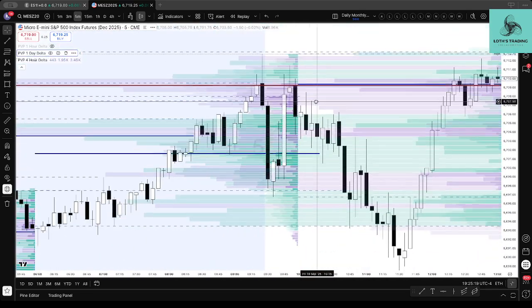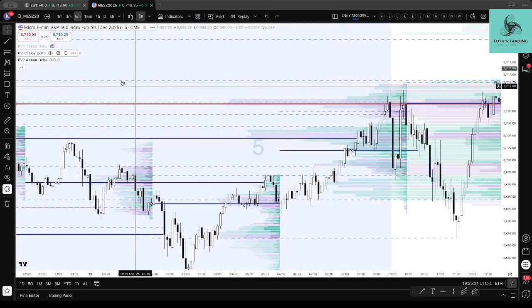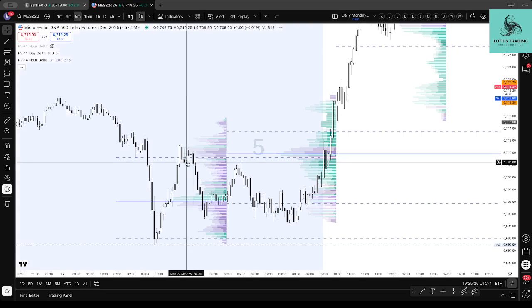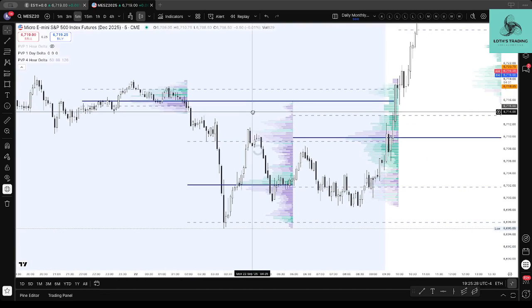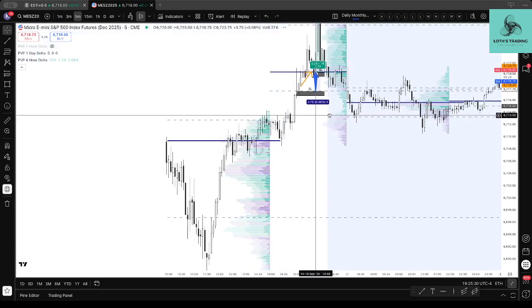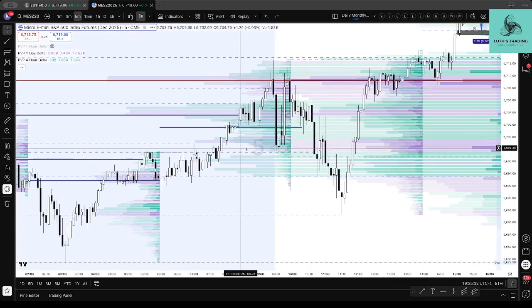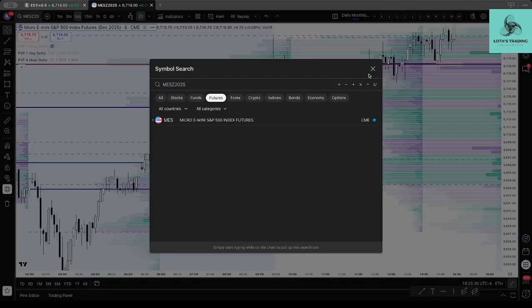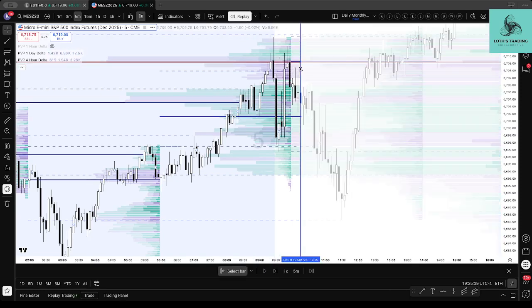Let's just go back here, and this one is a bit easier because let me just change this so that all the dots are out of the way. This is an instance where the price has come up to a daily VPOC. So let me just rewind this so that we see what we want to see right here.